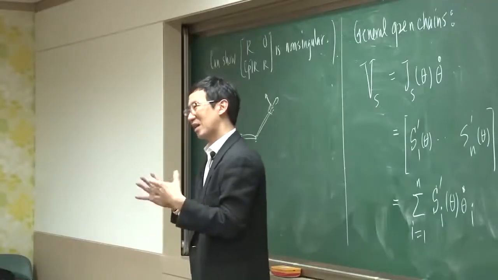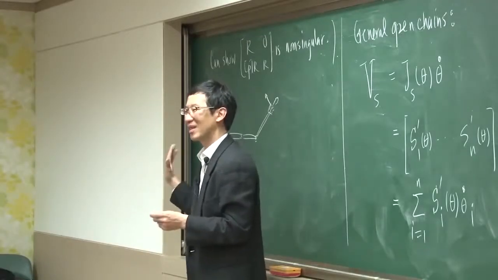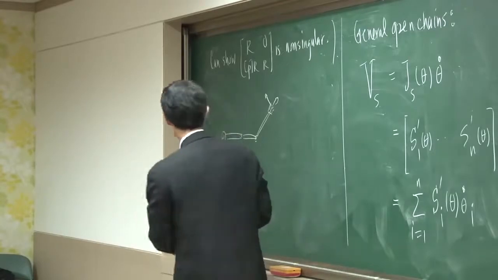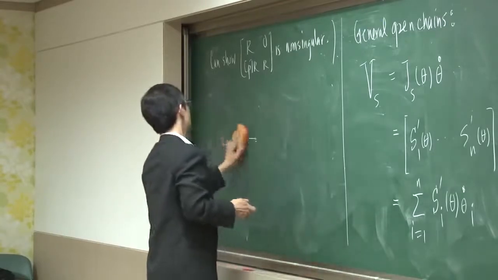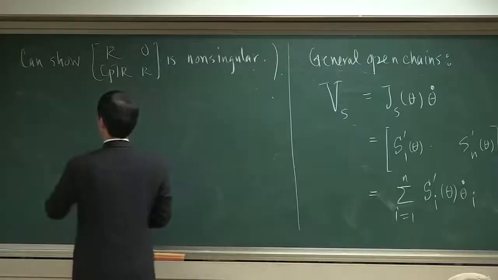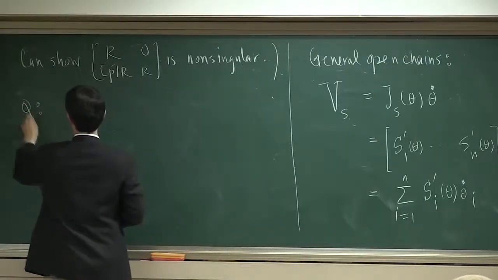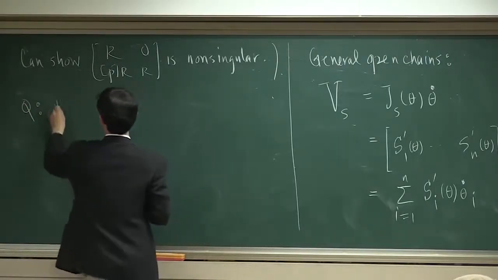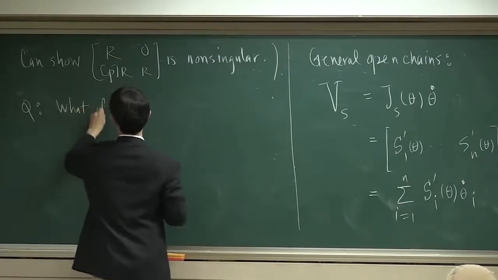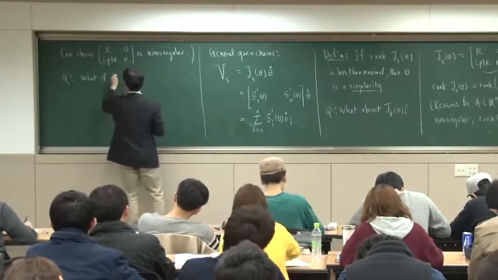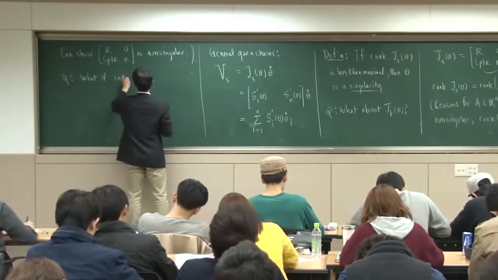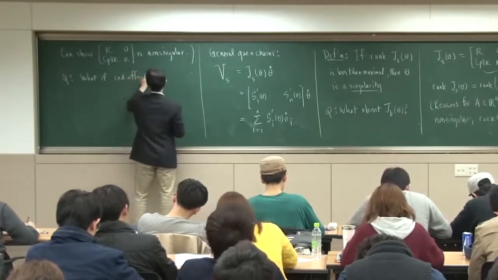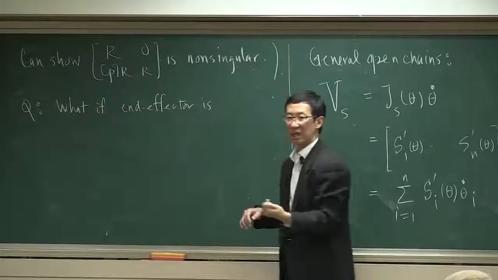Now if you think about it, it doesn't seem right, right? You can't do that. So let's show that this is nonsense. So what if the end effector is relocated to another point?